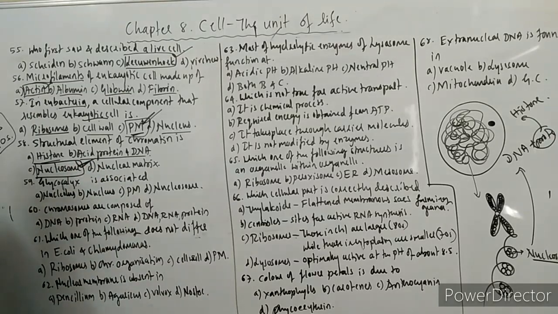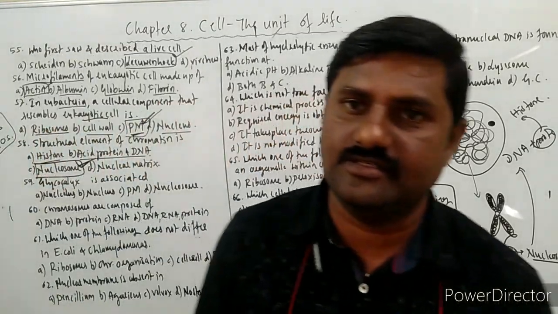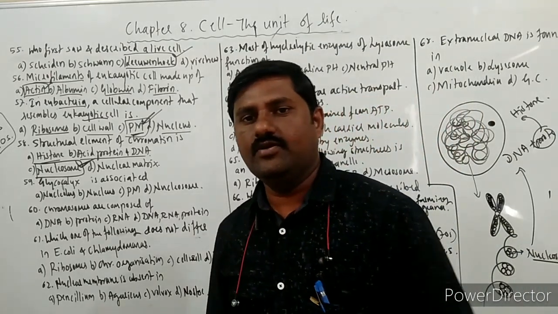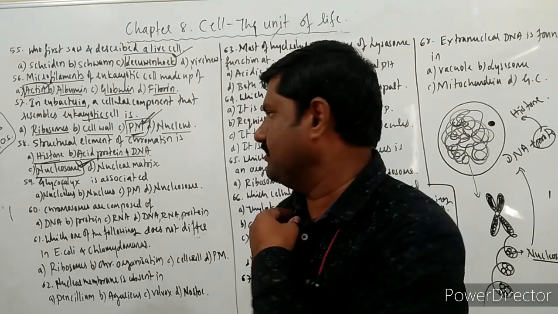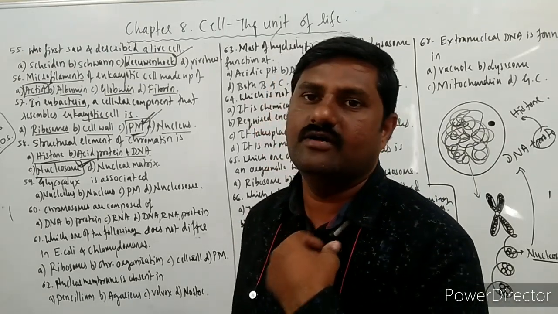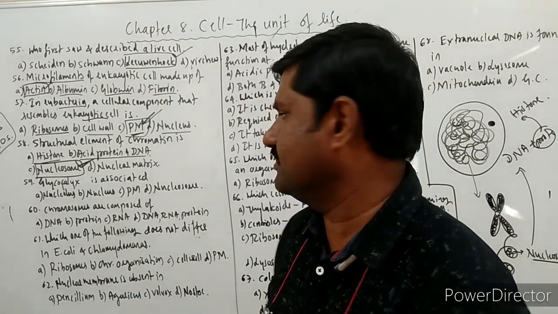Nucleosome is the correct answer for this question. Nuclear matrix is not the correct answer. As I said, it is the matrix lying very close to the nuclear membrane, the inner membrane of the nucleus, right?